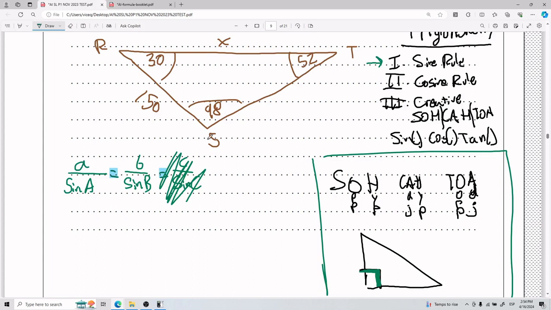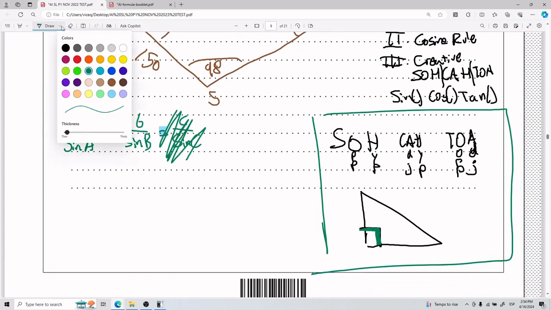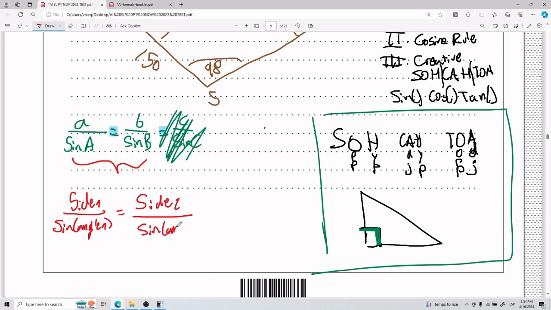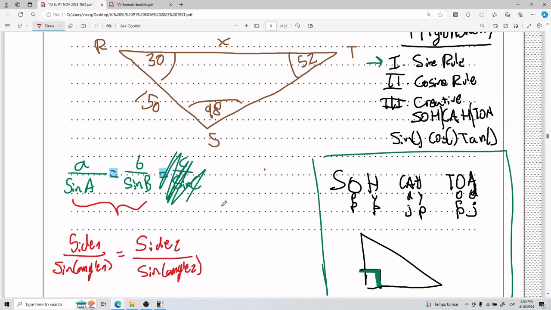All right? And technically, if you want to understand it very intuitively, all this is really saying is that you have your side, like side 1, over sine angle 1 equals your side number 2 divided by sine angle 2. And you pick which is quote unquote angle 1 or which is quote unquote angle 2.